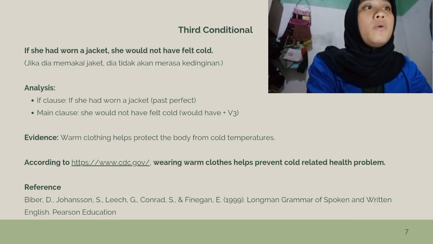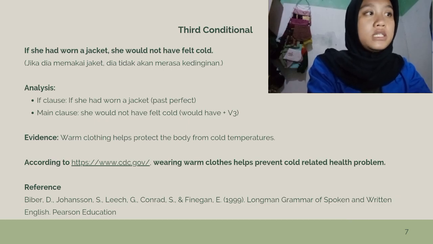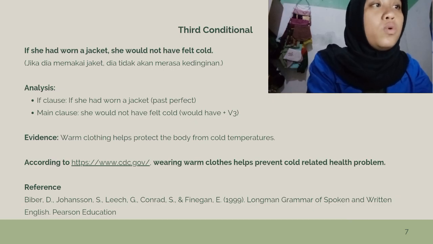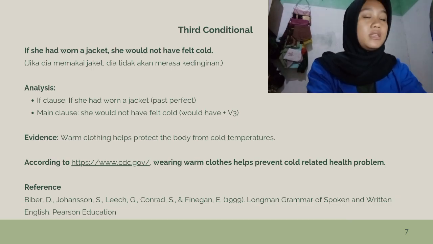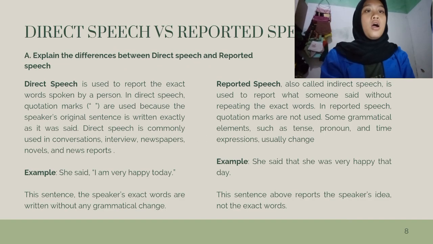The evidence is that clothing helps protect the body from cold temperatures. According to the CDC, wearing warm clothes helps prevent cold-related health problems. The reference is also from Biber et al., the same. Okay, now I will move on to the second topic, direct speech versus reported speech.